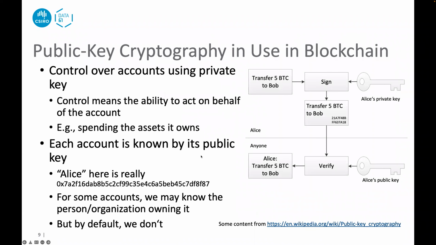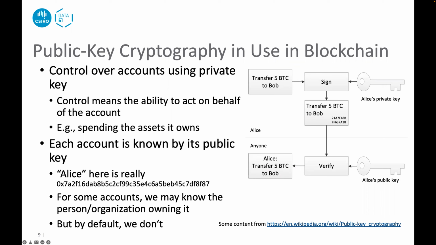Now, let's say there are Alice and Bob who are engaged in this transaction. Alice wants to transfer 5 Bitcoin to Bob. So what Alice would do is form a transaction saying, I'm so-and-so, which is Alice's address, and the receiver's address is Bob's address. I want to transfer 5 Bitcoin, and put a few other attributes that are related to the transaction.